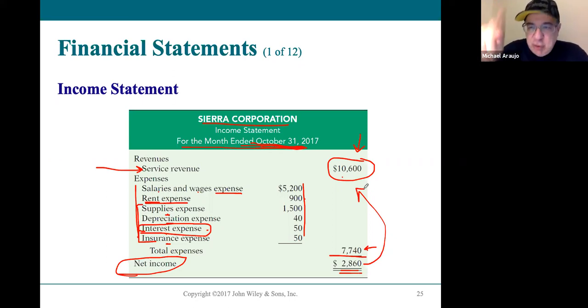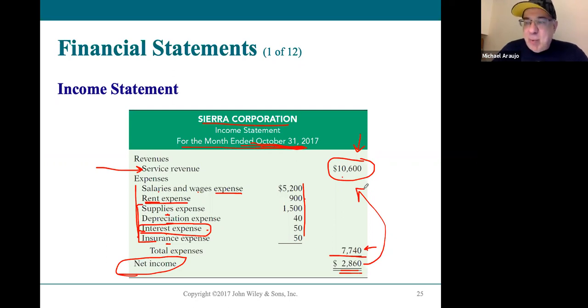Customers are giving you the prices that are on your product. That's your revenue. That revenue has to cover all your expenses and give you a profit. So making sure the prices of your products are appropriate. They have to cover all the expenses, and they have to provide you with a profit.